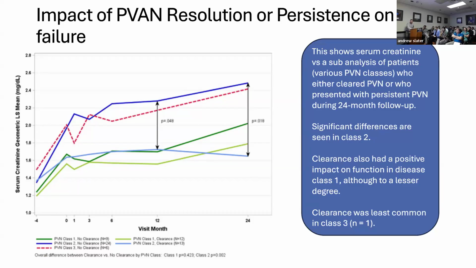Significant differences are seen in class 2. Clearance also had a positive impact on function and disease in class 1, although to a lesser degree. Class 1 is the green right here between these two. And then clearance was less common in class 3, and that's just a single line.